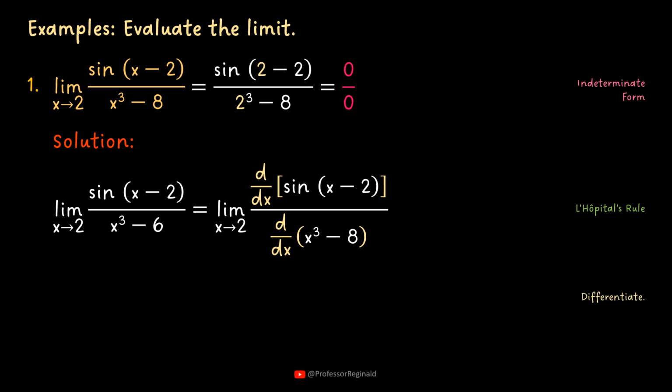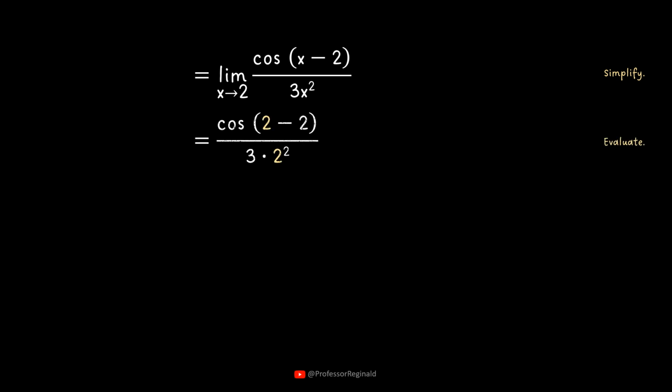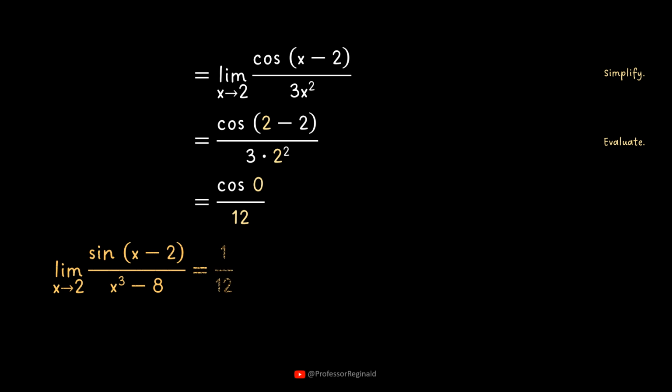Differentiate the numerator and the denominator separately, and then simplify. Evaluate the limit by direct substitution to see if it leads to a finite or infinite number. Thus, the limit of the sine of quantity x minus 2 all over quantity x cubed minus 8, as x approaches 2, is equal to 1 over 12.